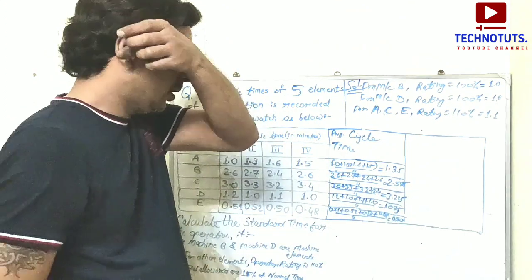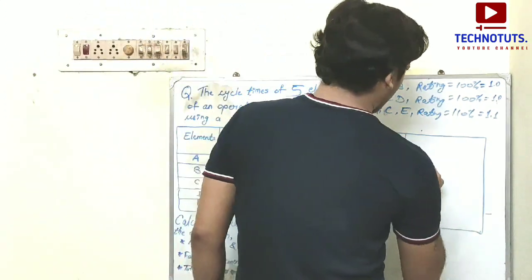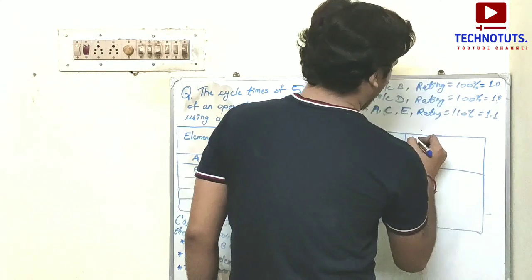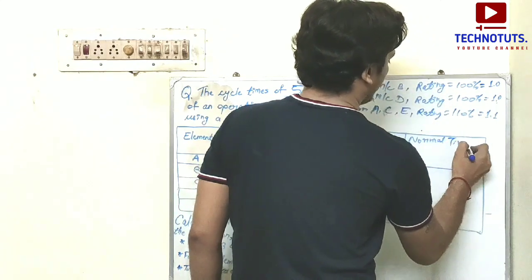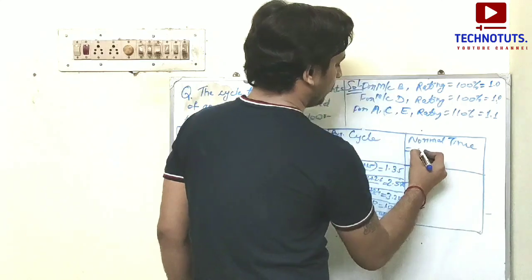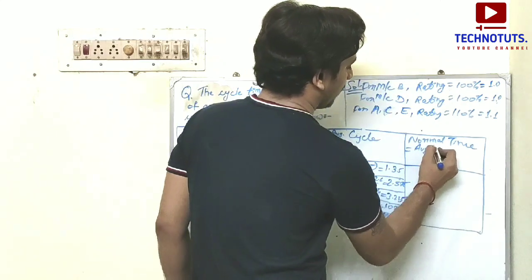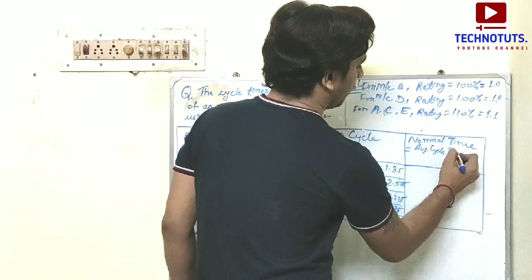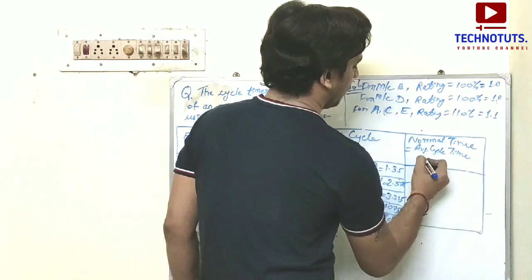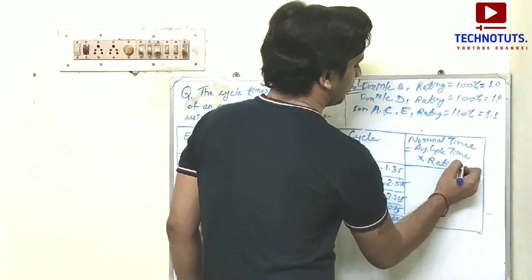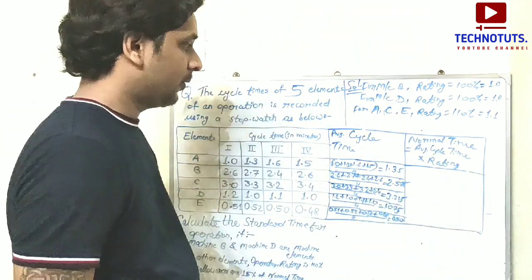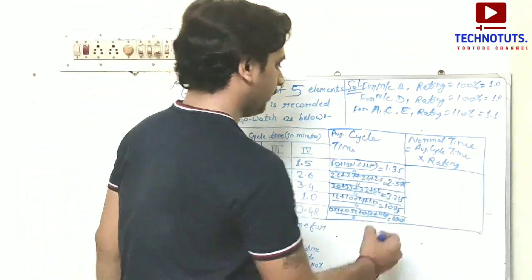Okay, so the normal time, what is the formula for normal time? Normal time is equal to average cycle time into rating. Okay, so we will multiply and calculate it.